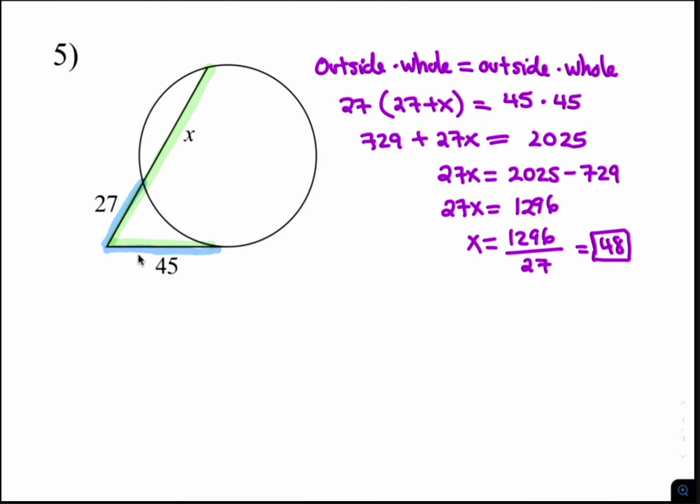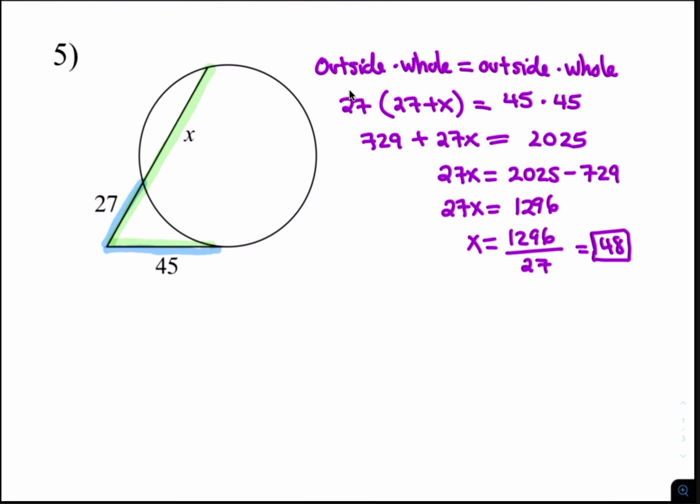On the other side, we have outside piece, which is 45, but the whole piece is also 45. So outside times whole would be outside is 45, and the whole piece is also 45, so that's 45 times 45. All right, let's solve this. 45 times 45 is 2,025.